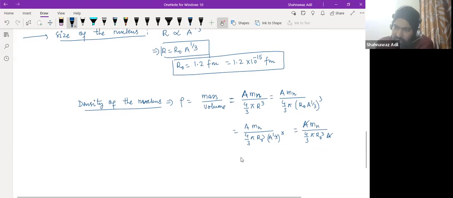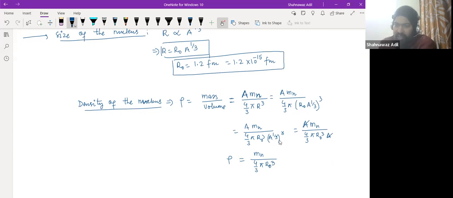So this would be M, the mass of the nucleus, divided by 4 by 3 pi R naught cube. And so this would be the density of the nucleus.